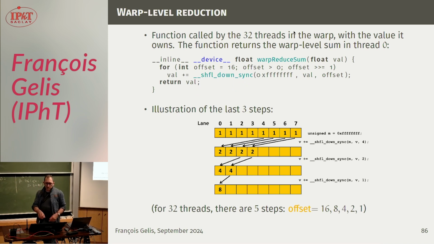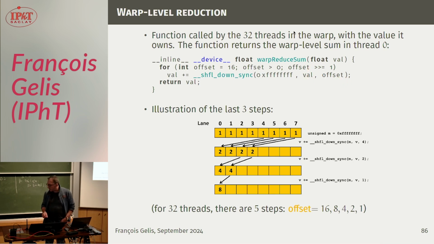The first argument here is a mask, and the value FFFFFFFF tells that all 32 threads are participating in the operation, and that's usually the way. I've only used this function with these settings. So you call it with this value and the offset.